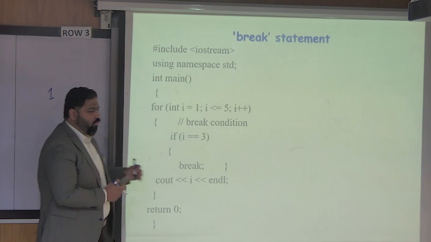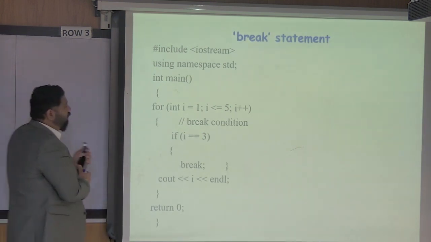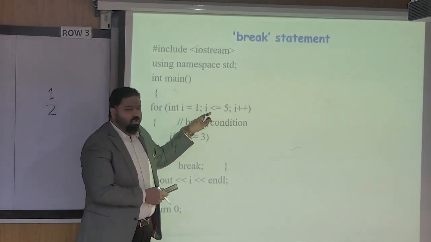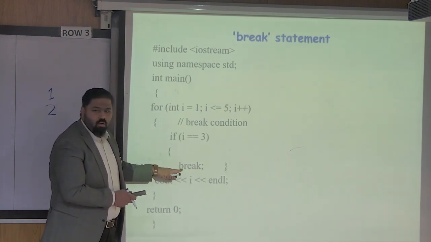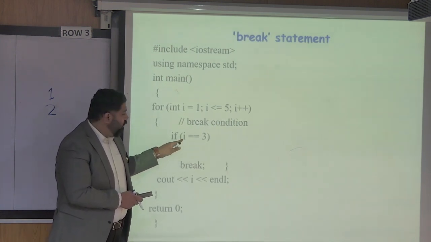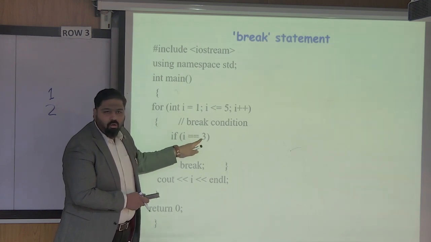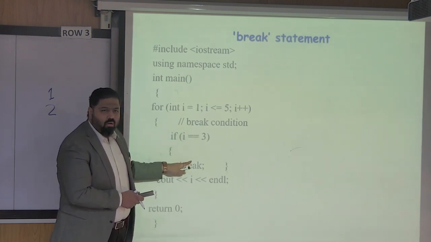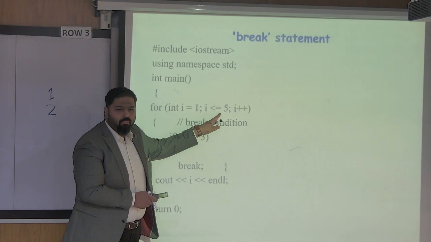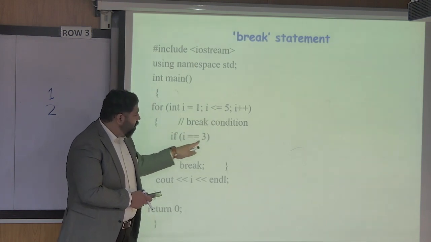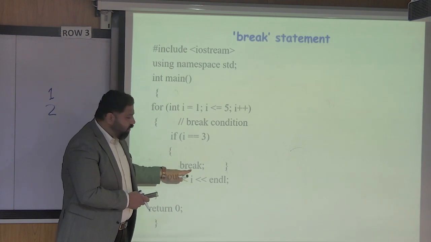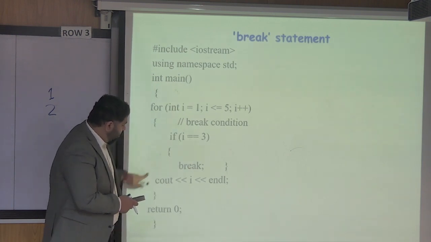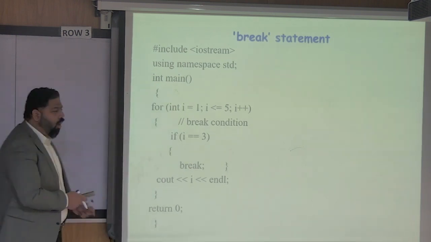Then i becomes 3. True or false? True. Break. This is the value you are looking for. So once we have found it, although the loop is there till 5, once 3 is equated, there is a break statement, which breaks the loop and comes out of it. So the output would be only this.